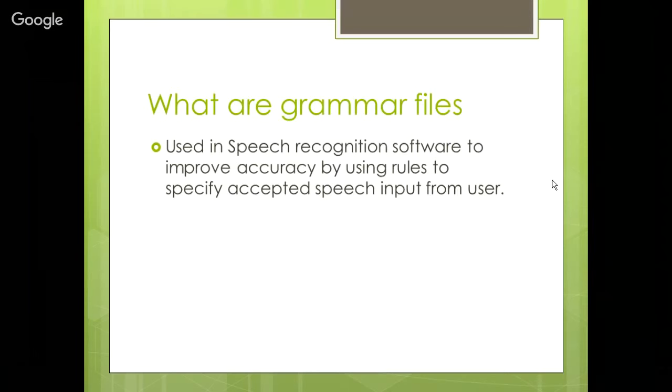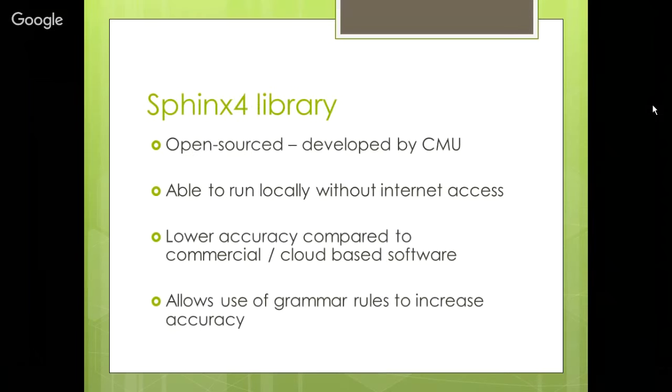from the user. So for my senior project, I'm using an open source speech recognition library called Sphinx 4. It was developed by Carnegie Mellon University. I recommend checking it out if any of you are interested in that kind of thing. It's really cool, and it's free to use.